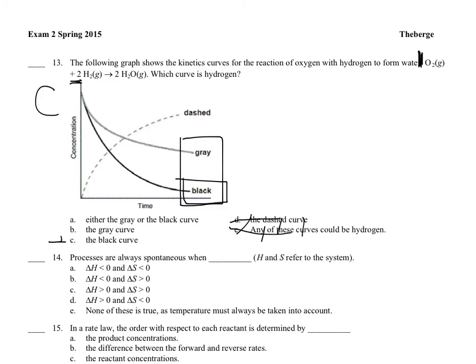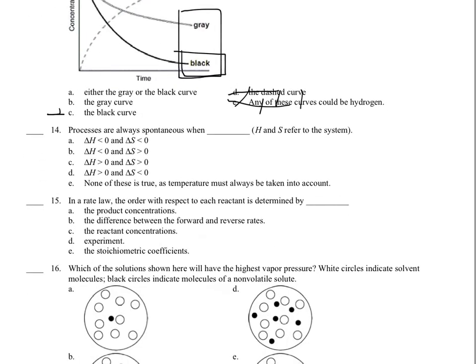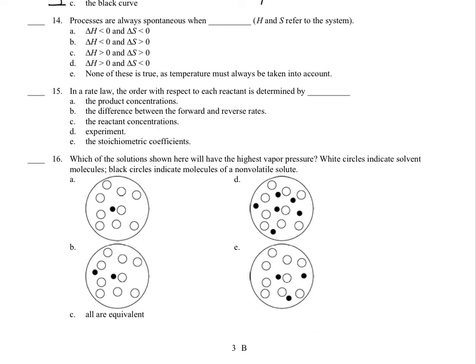Number 14 is also number 10 in the other version of the exam. Let me move it up here. Processes that are always spontaneous when blank and blank. We're looking for the case where when we solve for delta G, we always get a negative number.